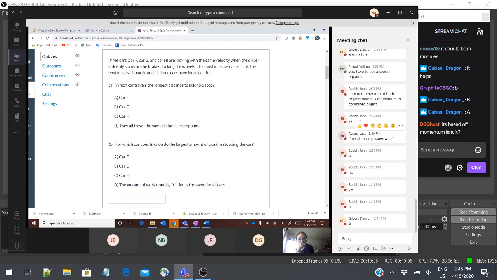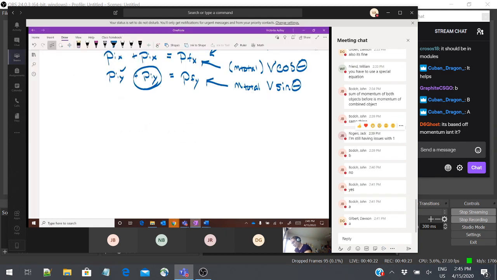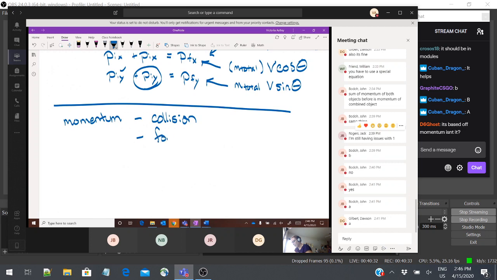Based off momentum. Yes, so you can do it with momentum, but I would say momentum is usually connected to either collisions or force over time, which is impulse.